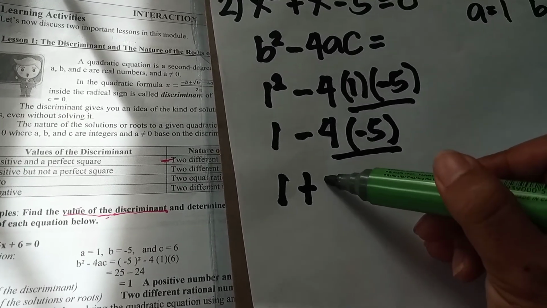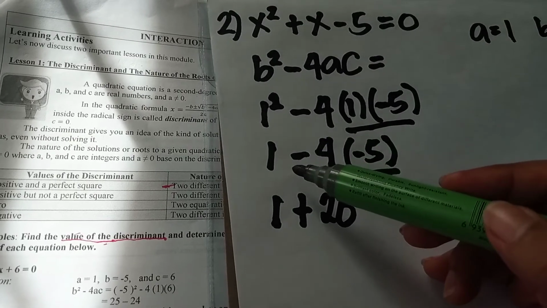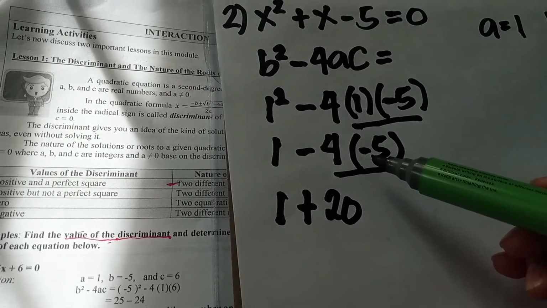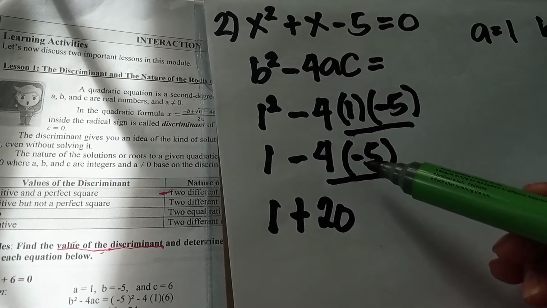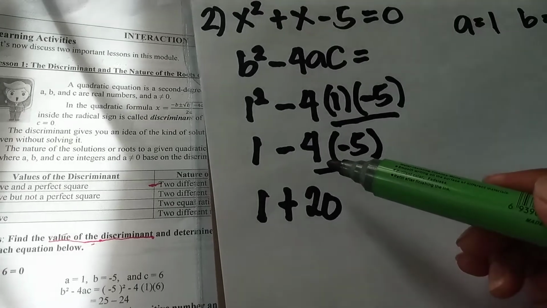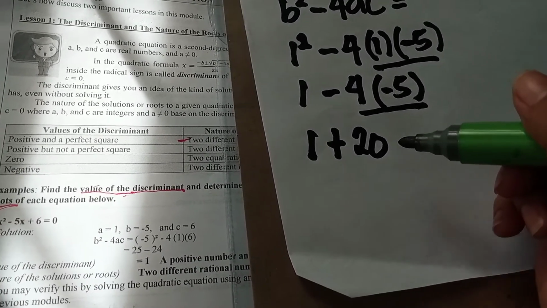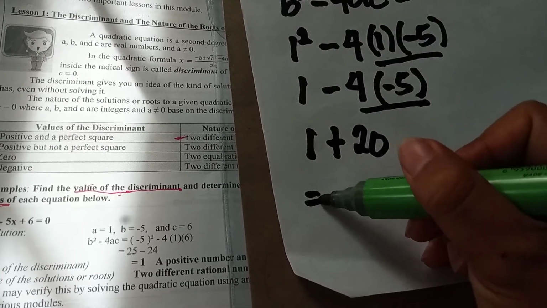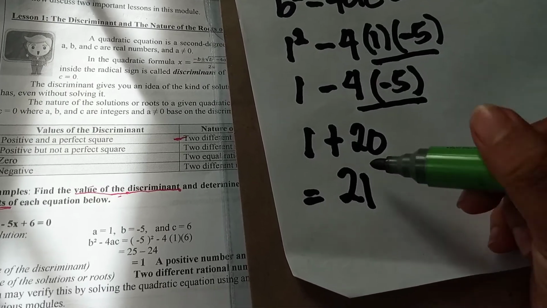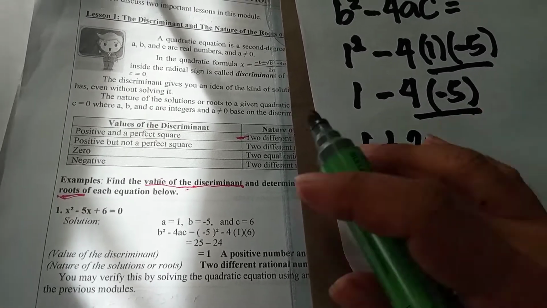Why positive? Because when we multiply two numbers with the same sign, the sign of the answer is always positive. So it is equal to 1 plus 20, which is 21.